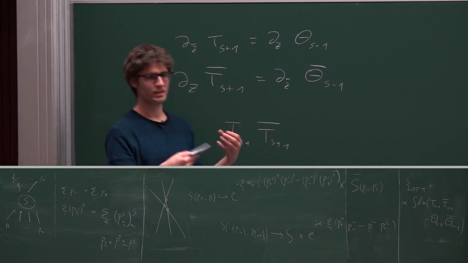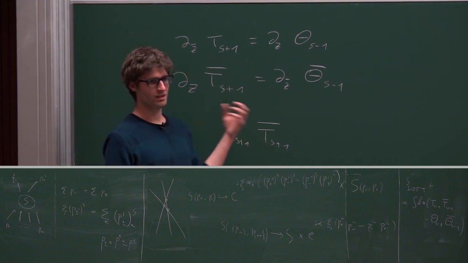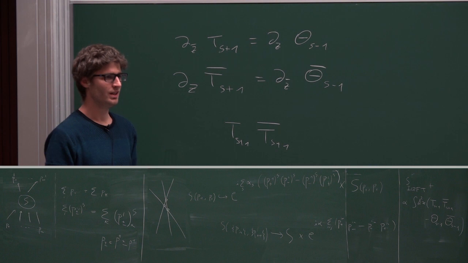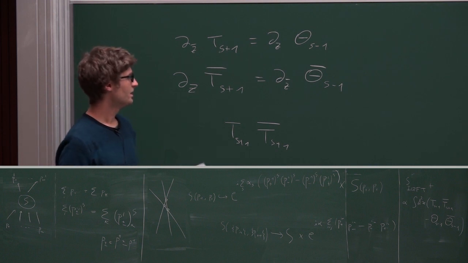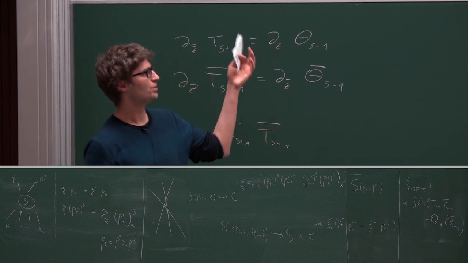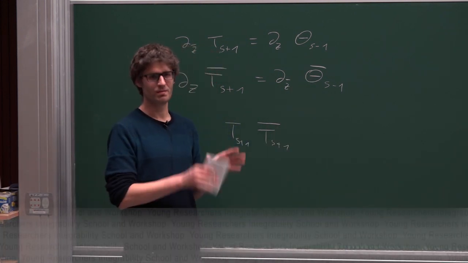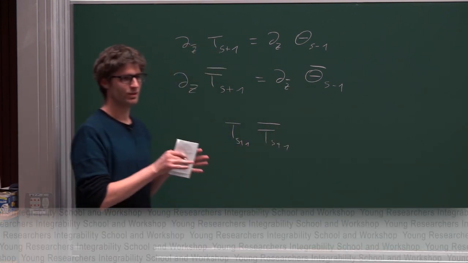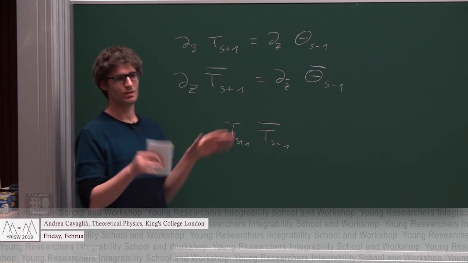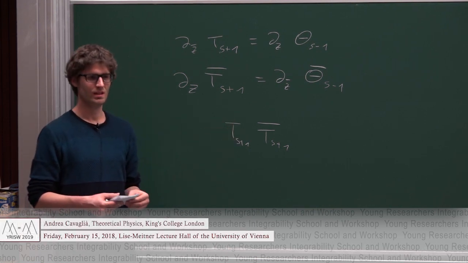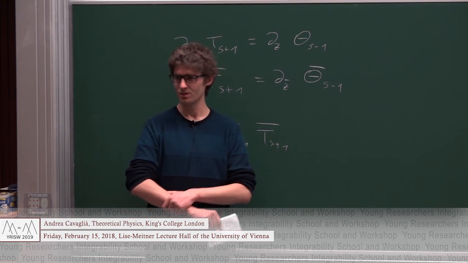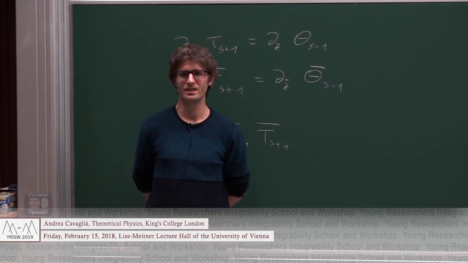You can correct your currents, and in the presence of this irrelevant deformation they will remain conserved currents, and this corresponds to the dressing of the S-matrix in this way. So it gives you a sort of understanding of the space of integrable quantum field theories. And yeah, I think I can conclude here. Are there any questions?